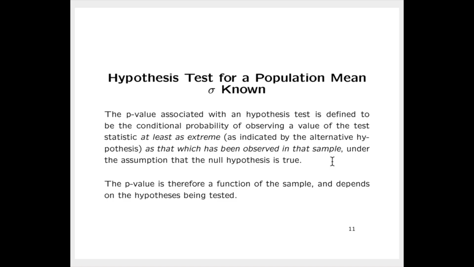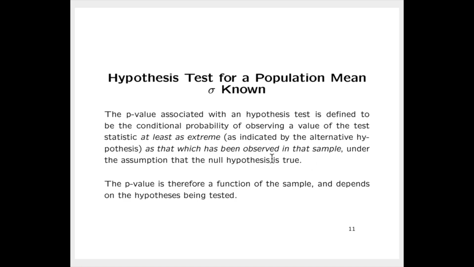All right, so let me say that again. The p-value of a hypothesis test, it's a conditional probability. So this is one of the reasons we looked at probability so much. The p-value is the conditional probability of observing a value of the test statistic at least as extreme as that which has been observed in the sample, and we compute that conditional probability under the conditions or under the assumption that the null hypothesis is true.